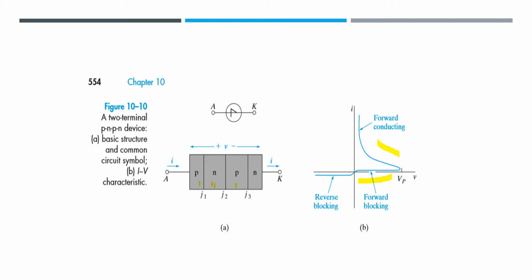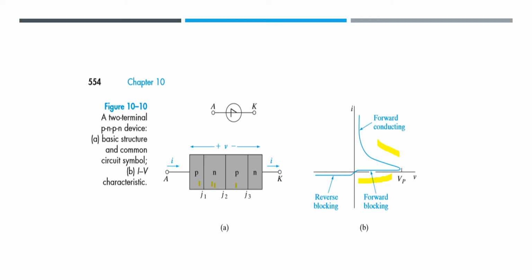As V is increased, most of the forward voltage in the blocking state must appear across the reverse biased junction J2. After switching to the conducting state, the voltage from A to K is very small, less than 1 volt. And we conclude that in this condition, all three junctions must be forward biased.